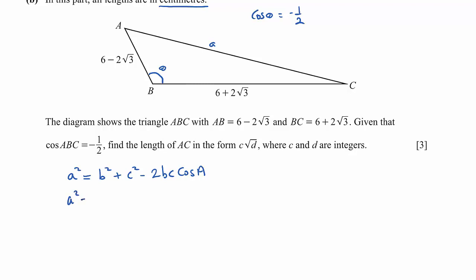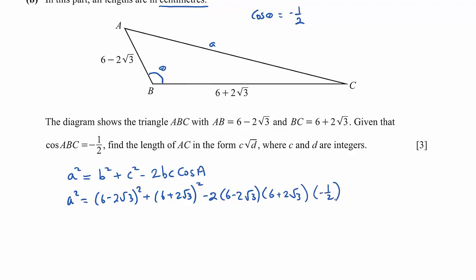So a squared is going to be 6 minus 2 root 3 squared plus 6 plus 2 root 3 squared minus 2 times 6 minus 2 root 3, 6 plus 2 root 3 cos A, which we know is negative a half.